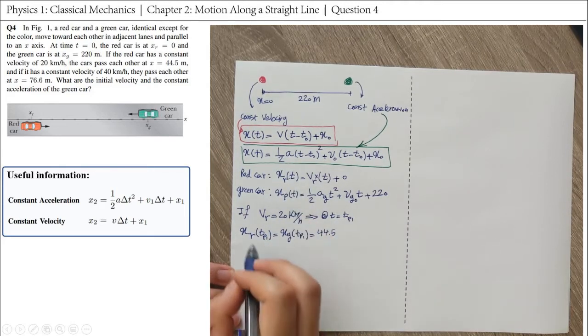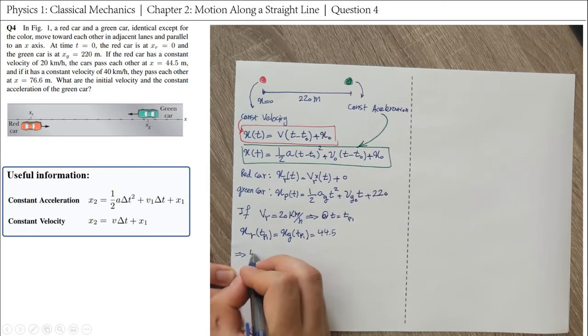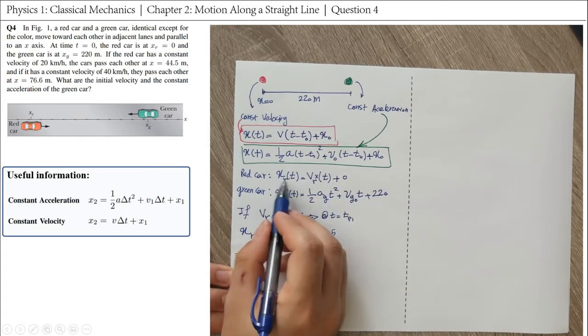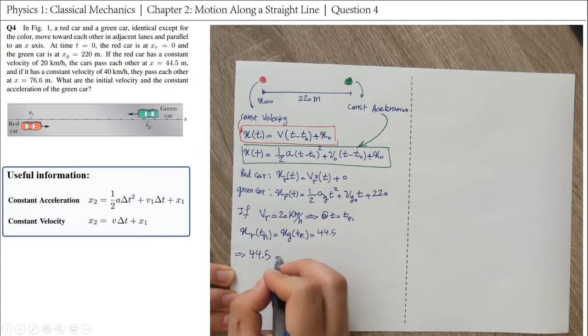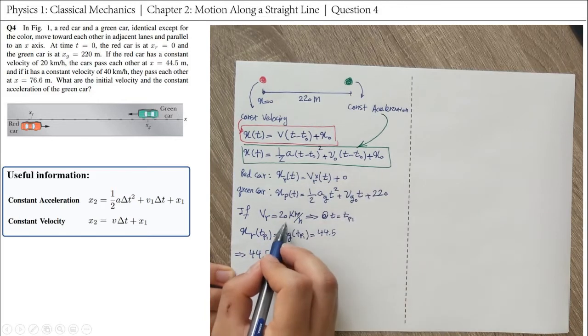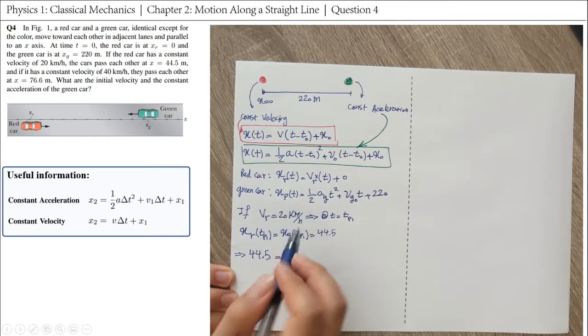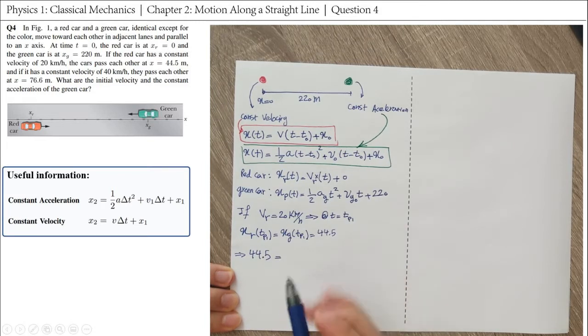So if I plug this here, then I can say that 44.5, looking at the equation of the red car, would be equal to the velocity of the red car, which is actually given to us. It is 20 kilometers per hour. To make sure that I'm consistent in terms of units, I'm going to convert it into meters per second.